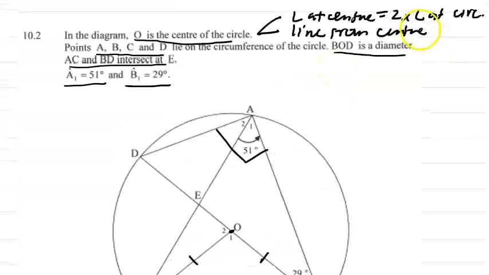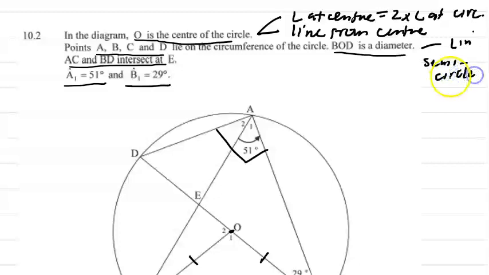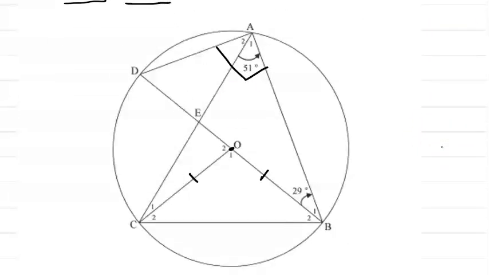So when you read the word diameter, you must know that you are most likely going to be given angle in semicircle. So these are all the reasons that you are likely going to be using when you are doing your solution. So always go to the diagram and try to answer as many of the questions as you possibly can by filling in all of the angles that need to be filled in.